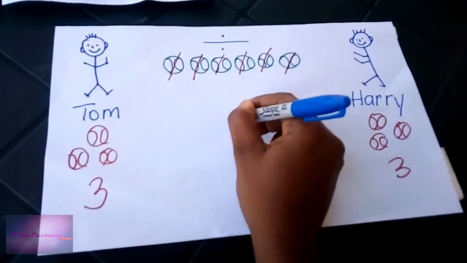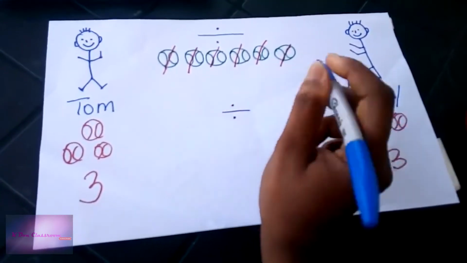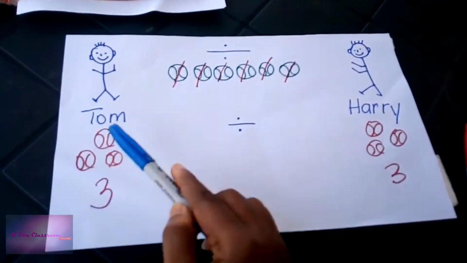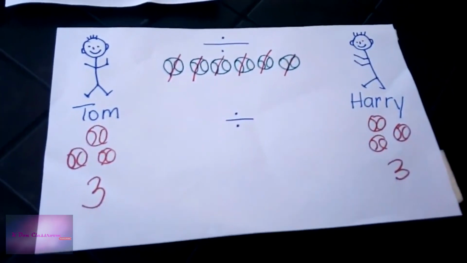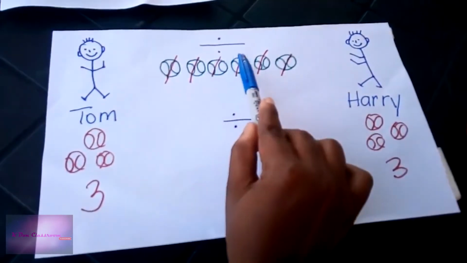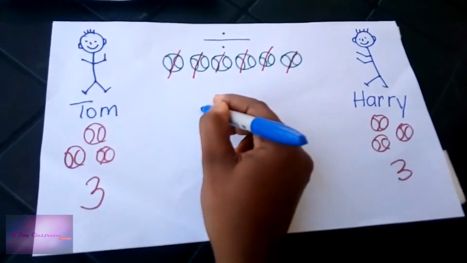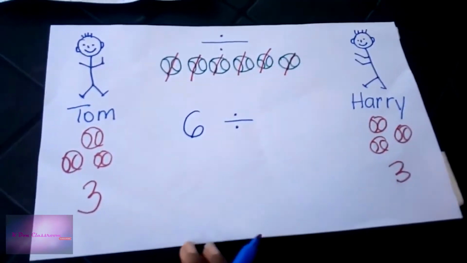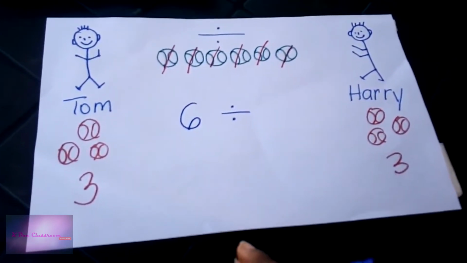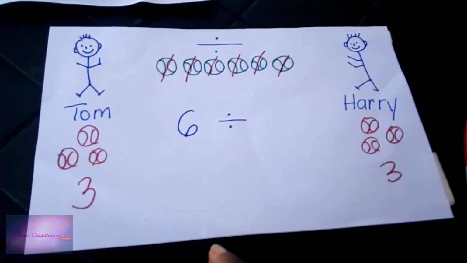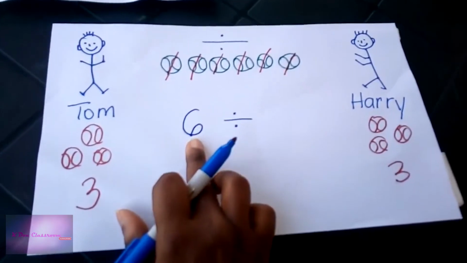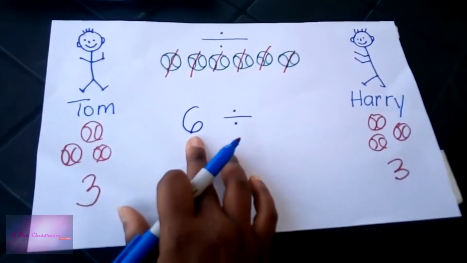So I will write it here in the middle. Now I know that we started out with how many balls? 1, 2, 3, 4, 5, 6 balls. So I will write 6 first because that is a total amount of things that we want to share. So I must write 6 first.